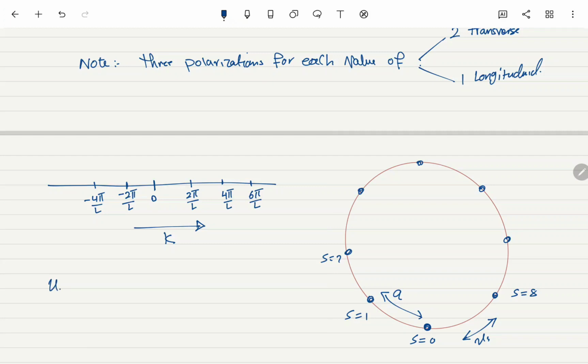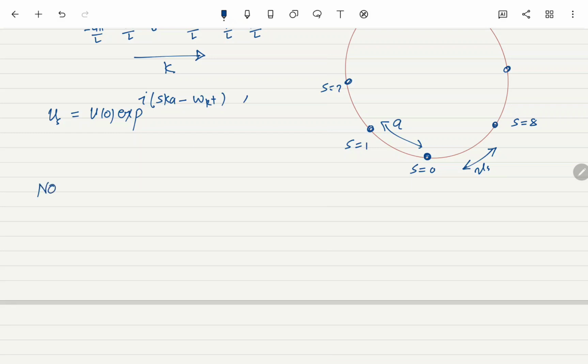Therefore u_s here is equal to u0 exponential i(s k a minus ω_k t). Note for periodic boundary conditions, the number of modes per unit range of k is L over 2π.